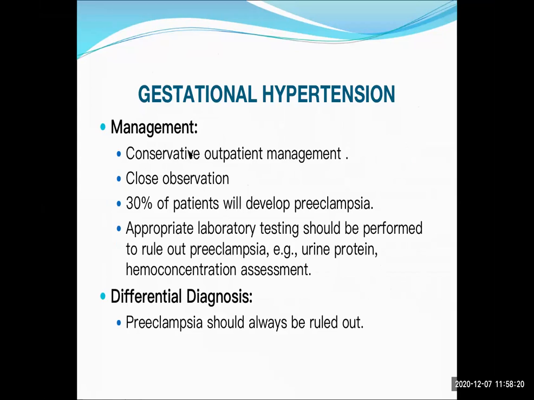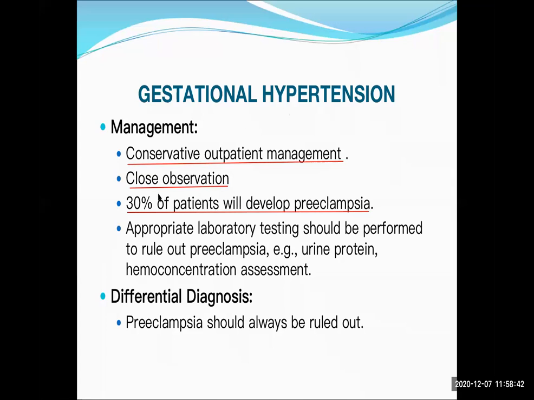Look at the management here. It's a conservative outpatient management again. Close observation should be done. Sometimes the blood pressure may be a little bit higher, so close observation is necessary. One problem lies here: 30% of the patients will develop preeclampsia from this situation.